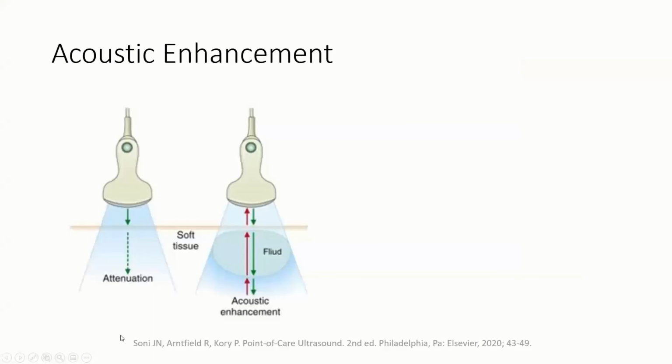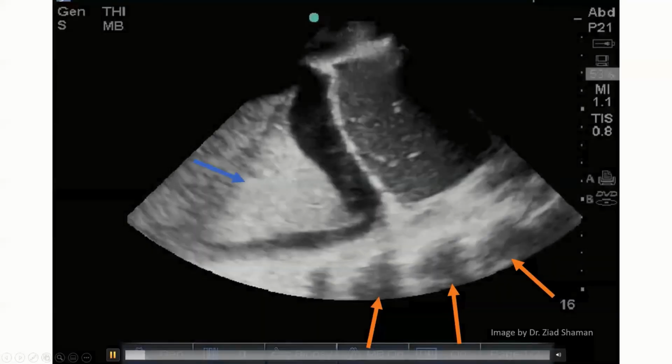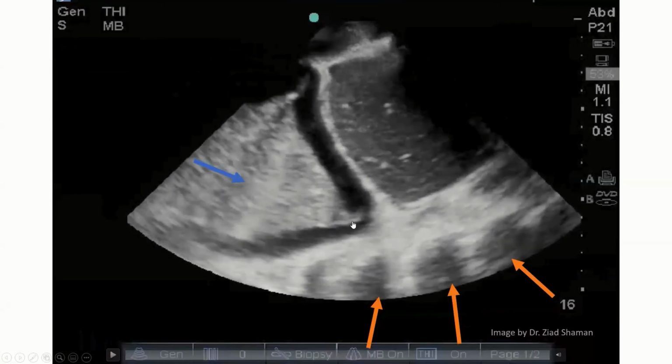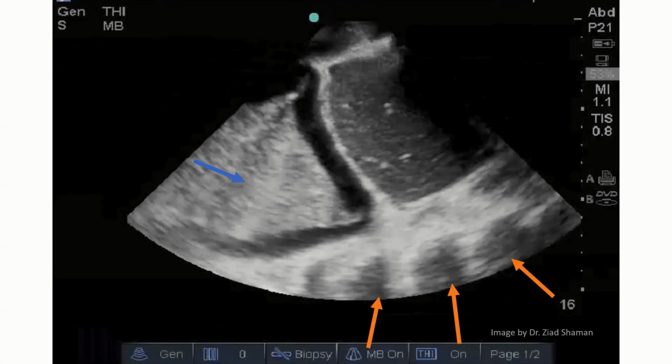So, you can see the liver, then pleural fluid, and then this is the lung, and this is an acoustic shadow made by vertebral bones. But here you can see a high echoic area, which is made by this artifact. It's the opposite of acoustic shadowing, which is called acoustic enhancement.